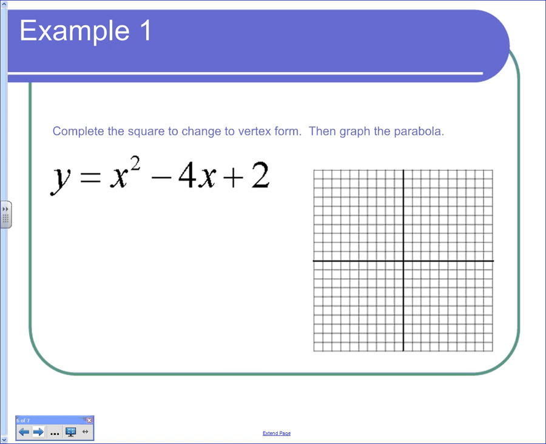You are going to do it a little bit differently than you might have completed the square before. You're thinking you would move the 2 over. We're just going to keep it over there. And we're going to complete the square inside of the parentheses.